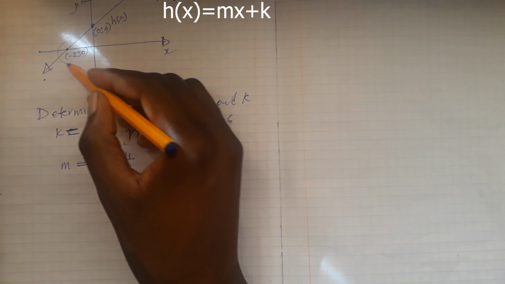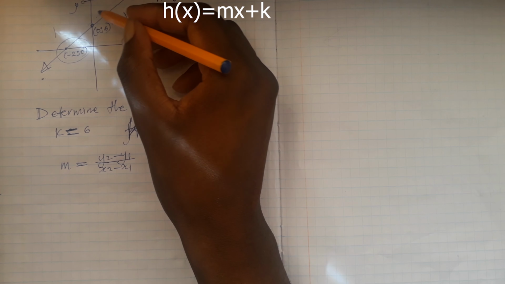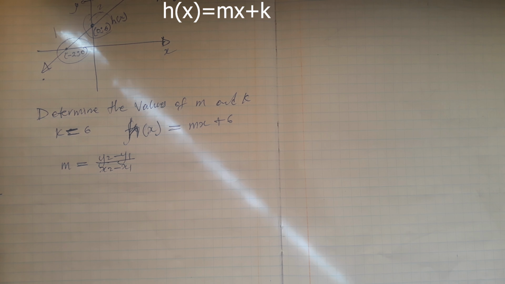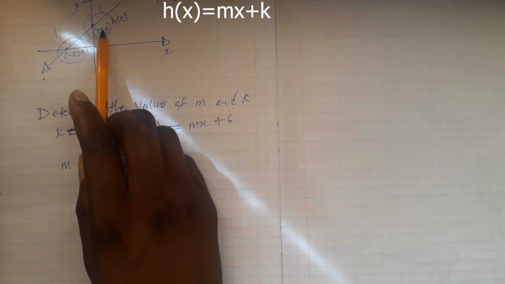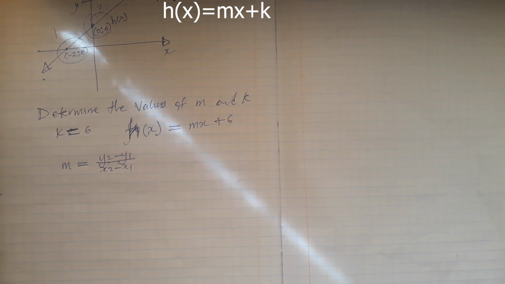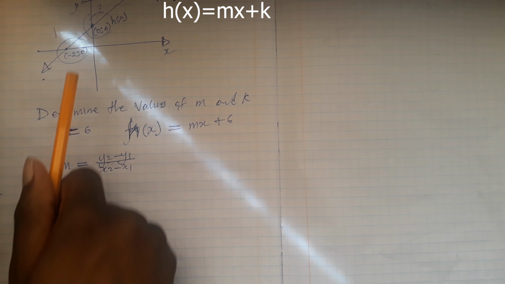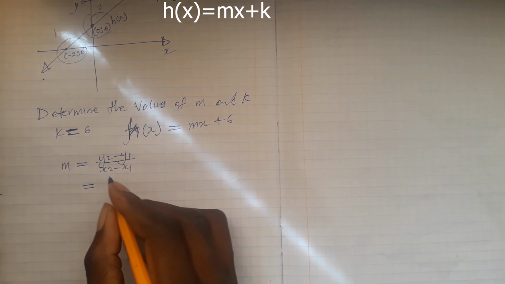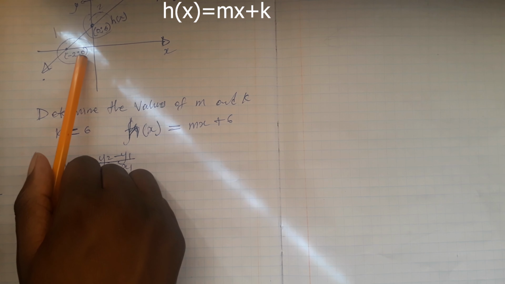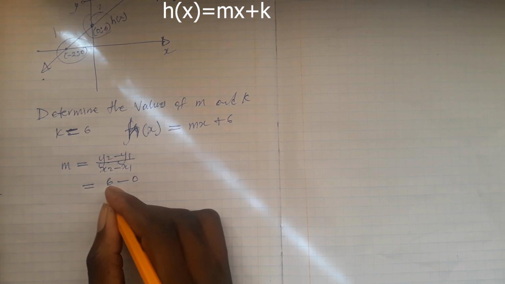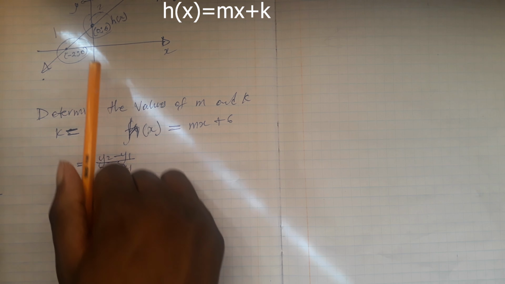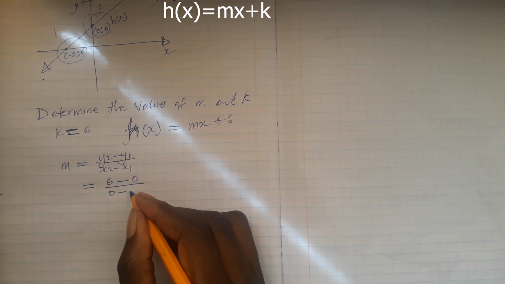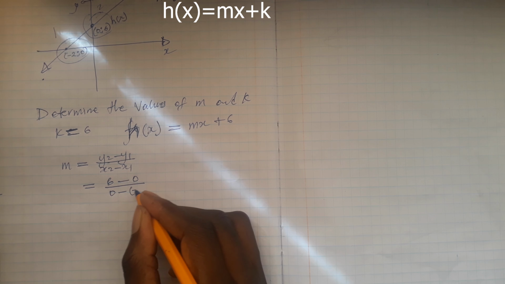For example, this one. Let me say this is 1, and then this one is 2. It means that whenever I have to substitute the second coordinate, I'm going to pick it from this point, and the first coordinate from this one. So I'm going to say y2 is on the second coordinate, which is 6, minus y1 which is 0, divided by x2, which is 0, minus x1, which is negative 2.